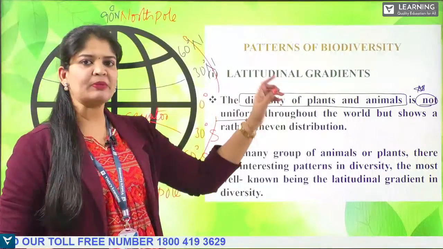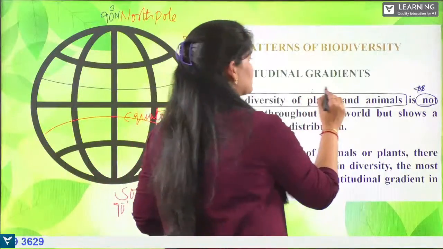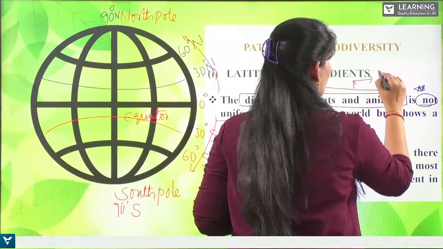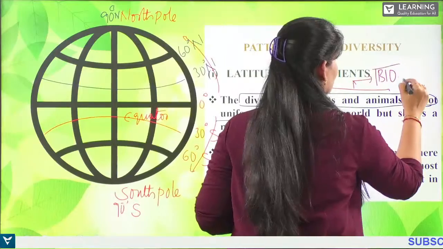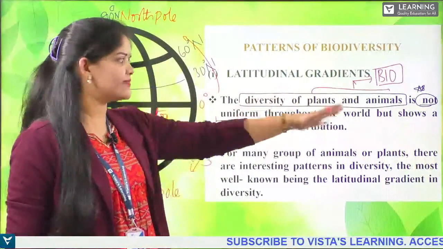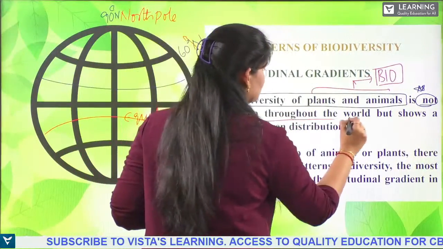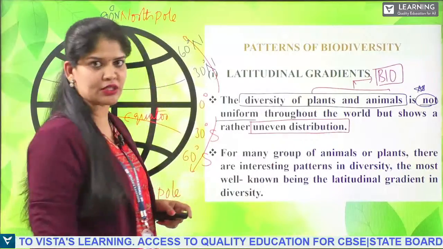The diversity of plants and animals, living organisms, denoted with bio, is not uniform throughout the world but shows a rather uneven distribution.